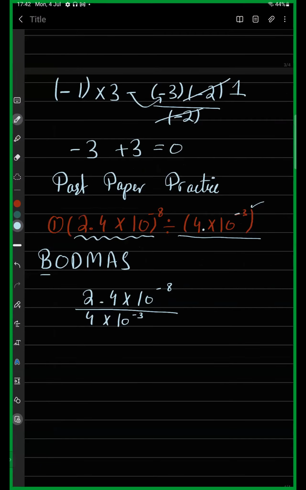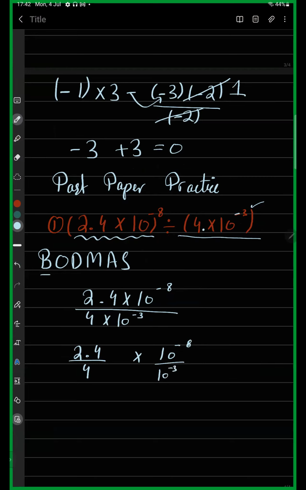Okay, all right. So yes, it's done. So this is basically the question that we are discussing. Now at this point, you guys know what we usually do is we just separate the numbers. It's 2.4 that is being divided by 4, and then it's 10 power minus 8 divided by 10 power minus 3.